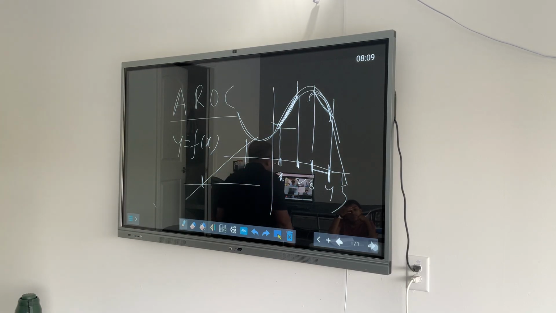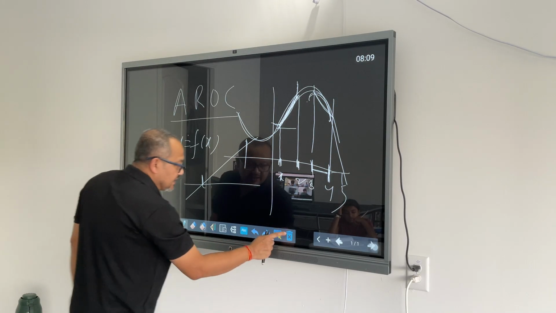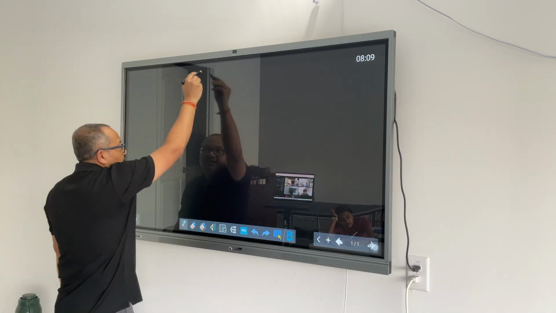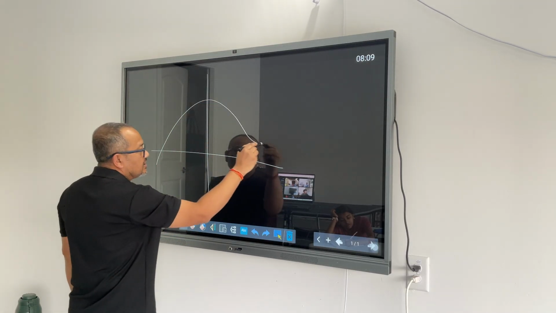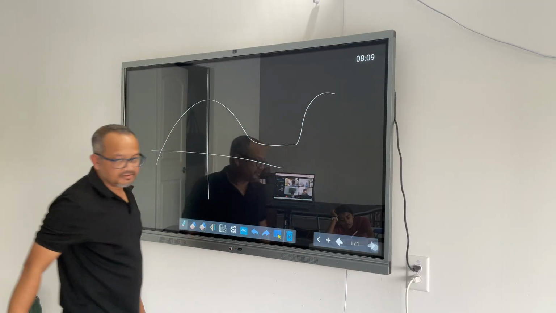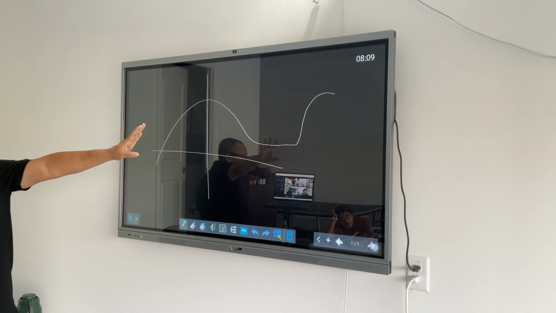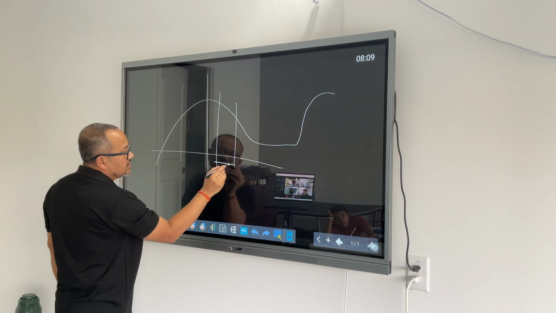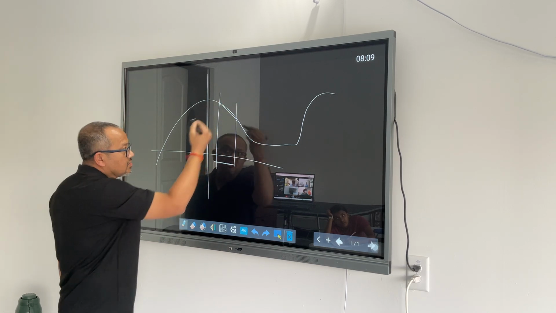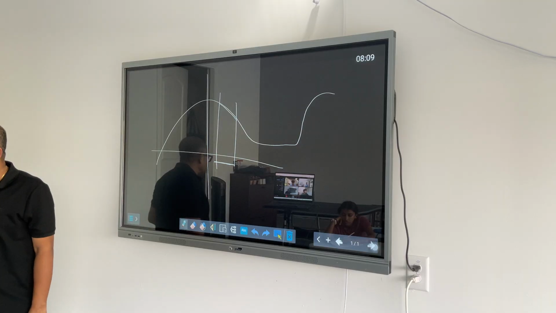So point of inflection I have not talked about yet. Again, if you look at the concavity, let's look at this curve, this graph that is coming from a function. If you look at any range like this, you see there is a downward concavity or decreasing concavity.